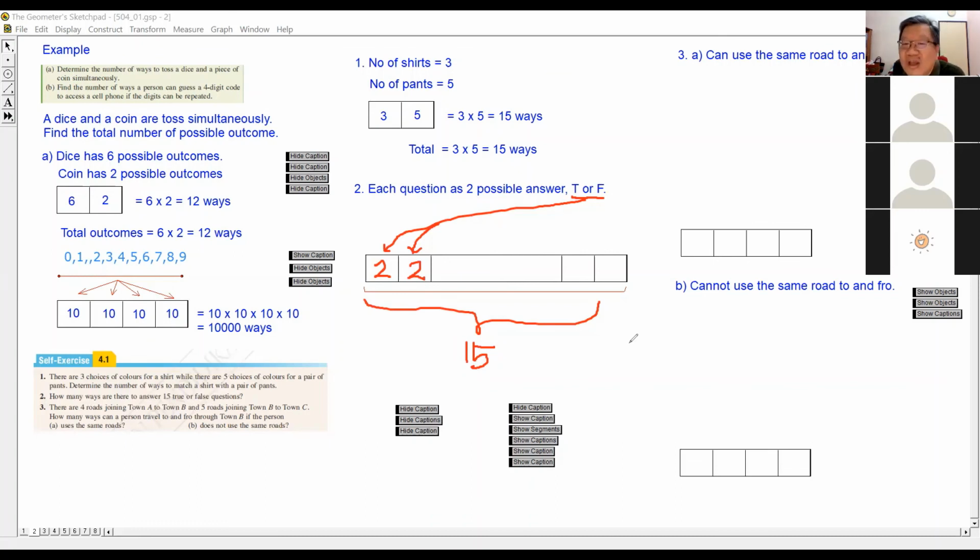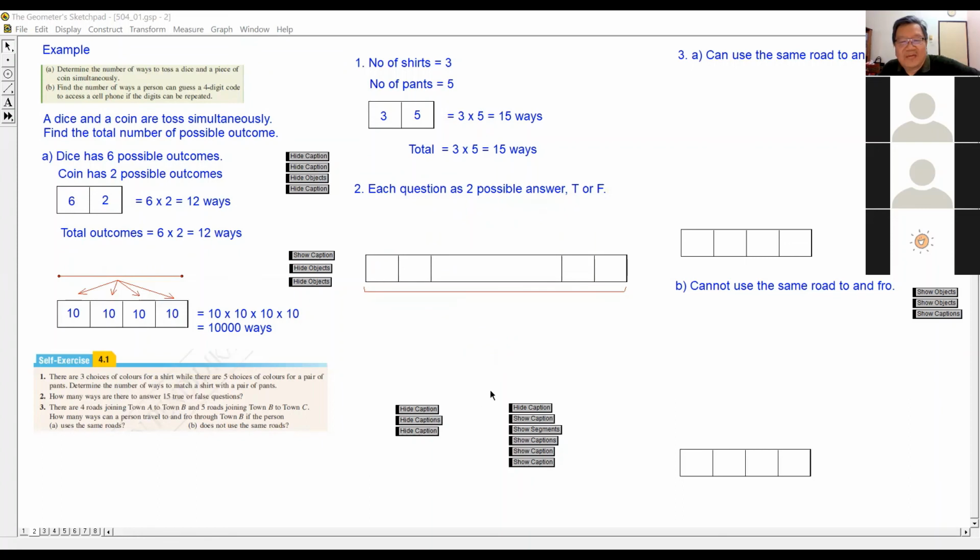How many twos are there? 15. So what is the answer? 2 times 2 times 2, 15 times. It's not 30.